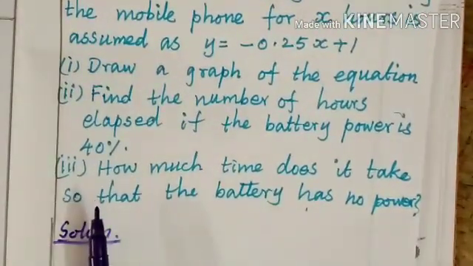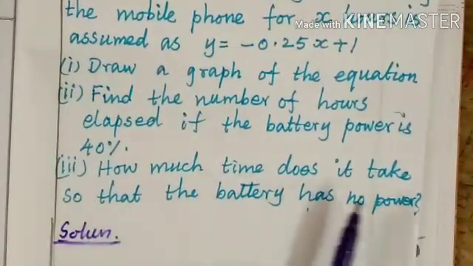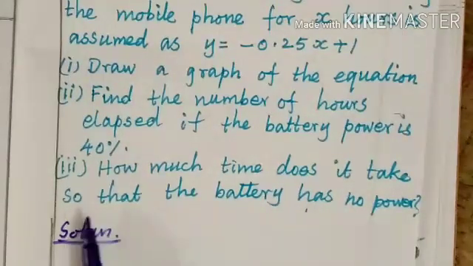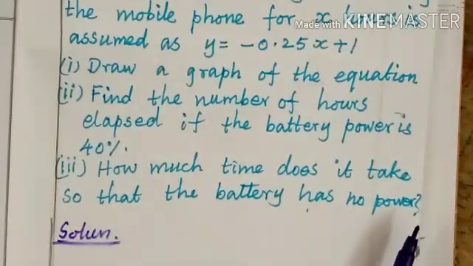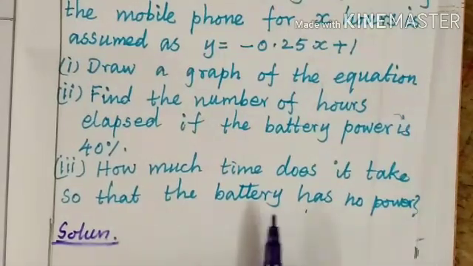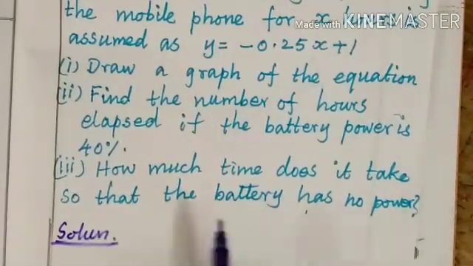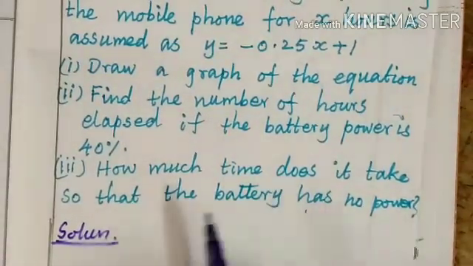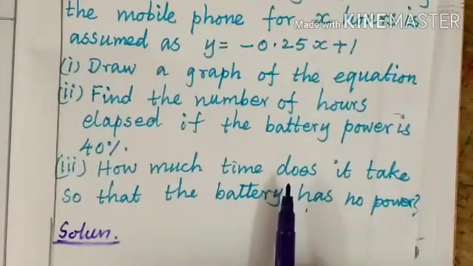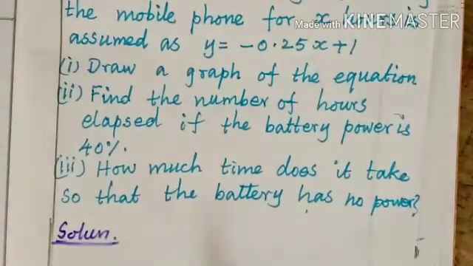Then third subdivision, how much time does it take so that the battery has no power? The battery has no power means y is equal to 0. Then here we have to find time, that is x. Let us do the solution.